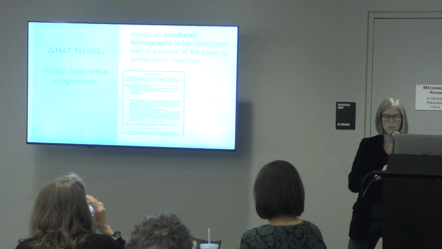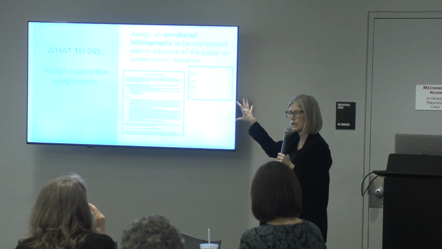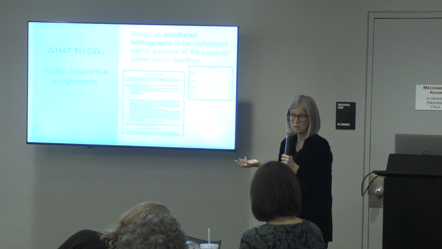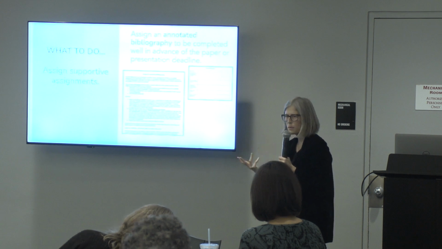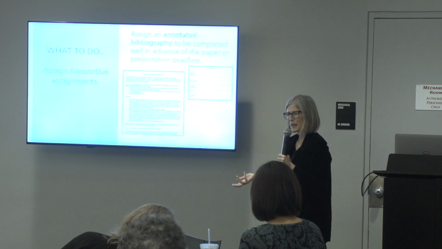So I'm moving in the direction of having students just complete a grid, and you have an example of that on the table as well, where they're doing all the same thinking work, but they're not worried about how it all fits together and looks on the page, which I don't know if you've noticed, but students get really wound up about the formatting and stuff like that without worrying as much about the thinking part, right?